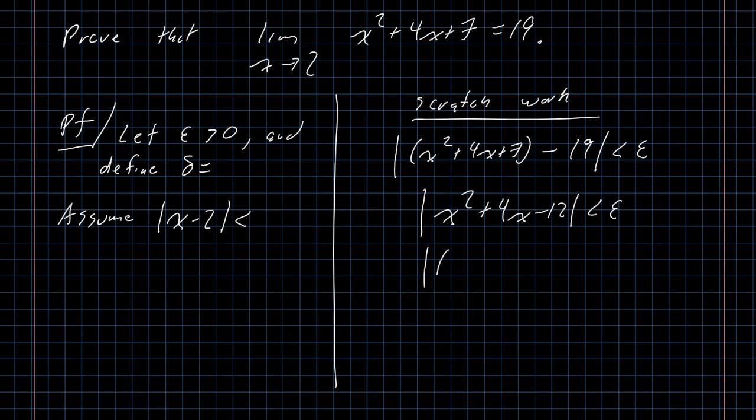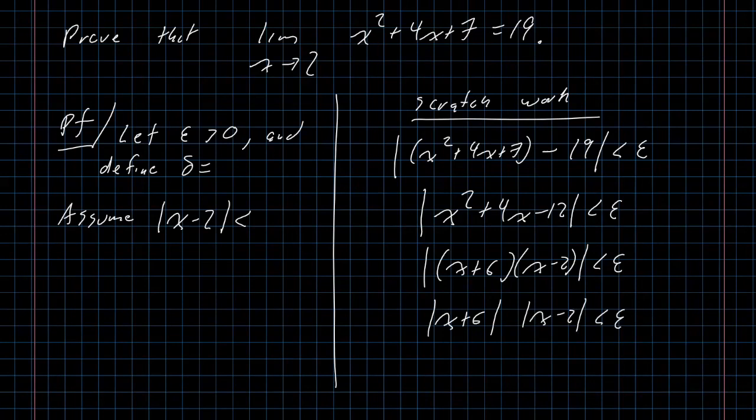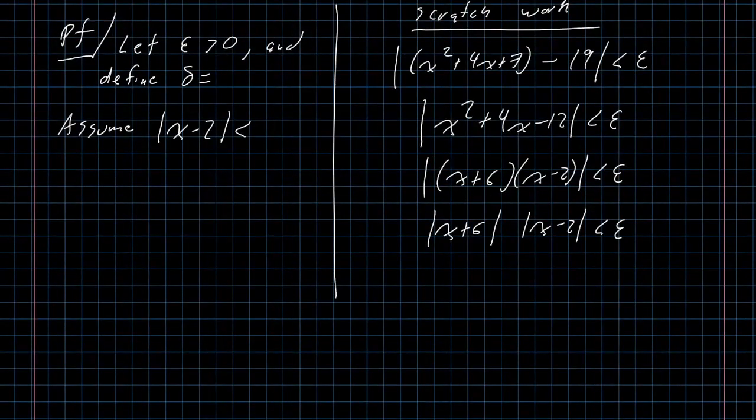And that factors, that's x plus 6 times x minus 2. And again, the absolute value of a product is the product of the absolute values. And we get that the absolute value of x minus 2 is less than epsilon over x plus 6.